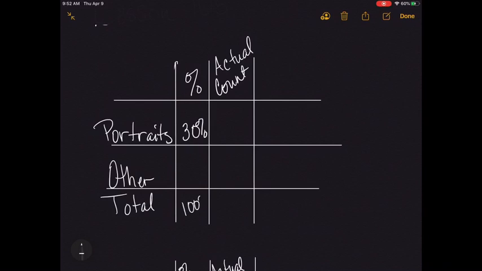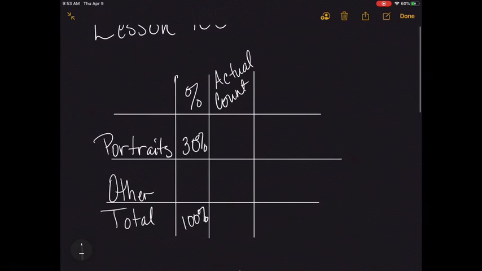We always know that our total, when we're talking about percentages, is going to be 100%, unless we're talking about percentages that are greater than 100%, but we're not in this case. So we know what the other must be. It must be 70% because 100 minus 30 is 70.